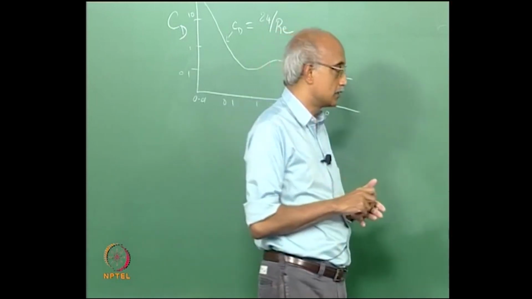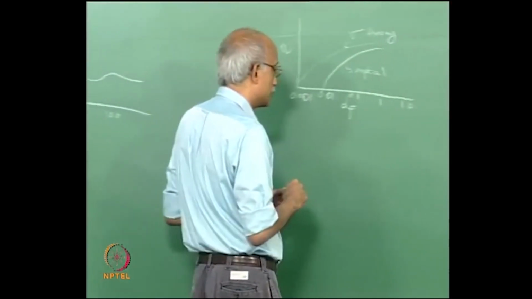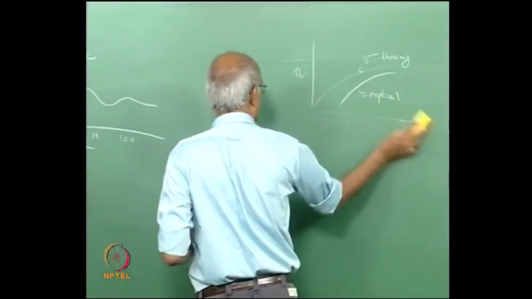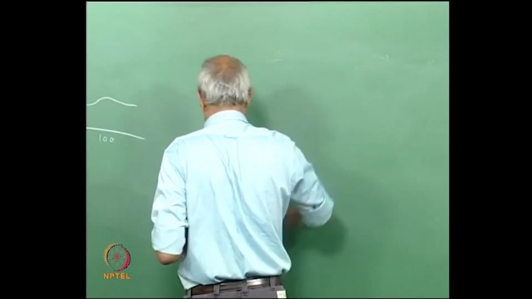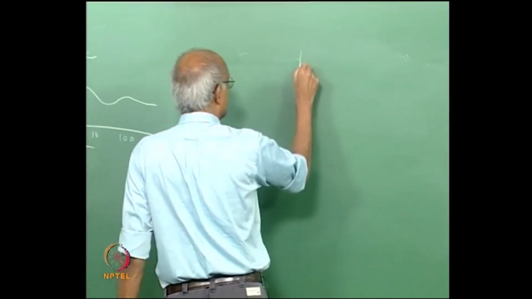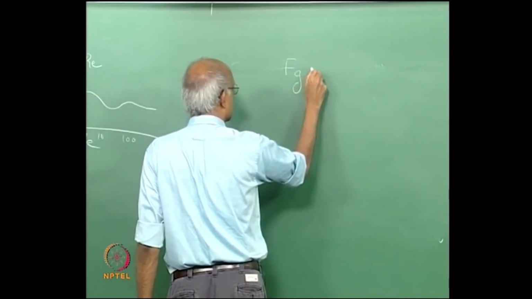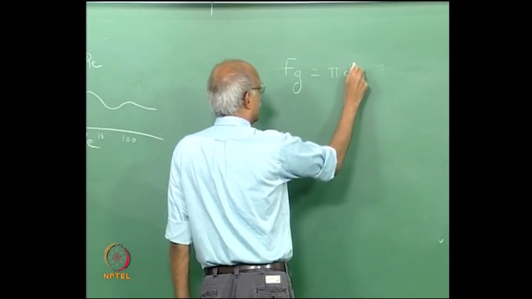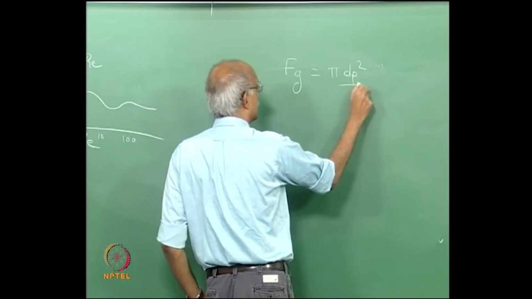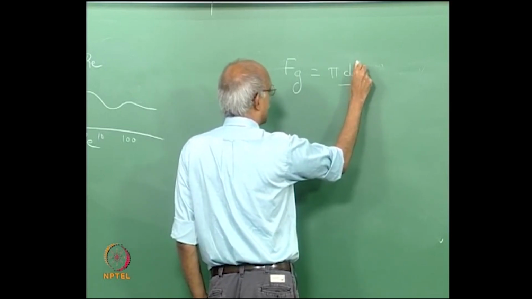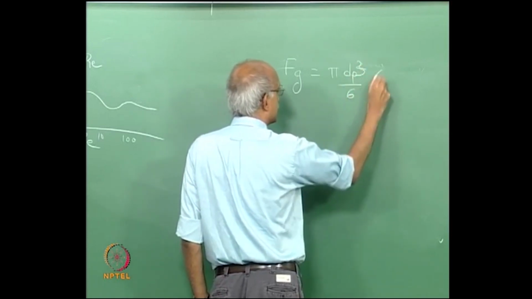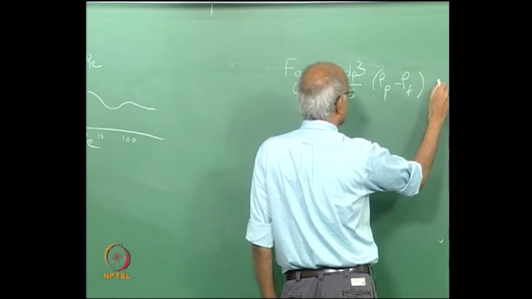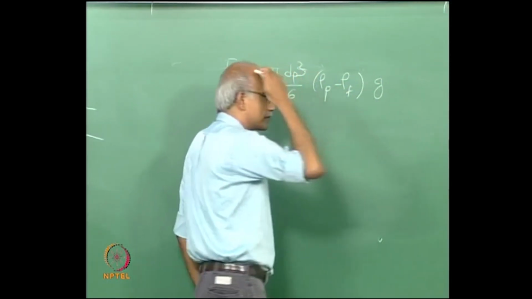That is the gravitational force, or the body force in general, which is written as pi dp cubed by 6 times (rho p minus rho f) times g.